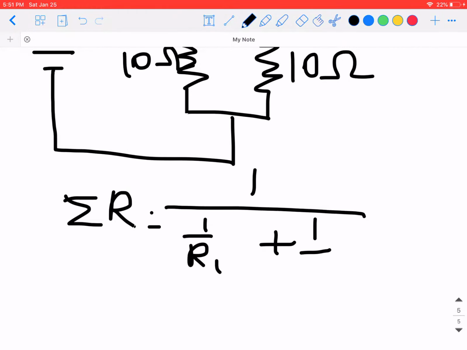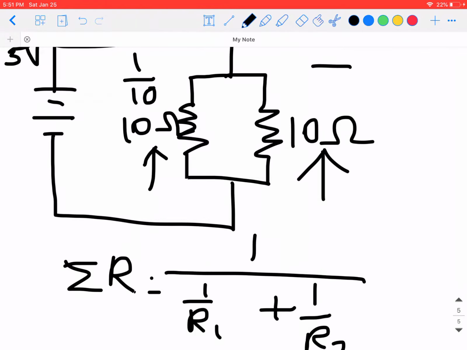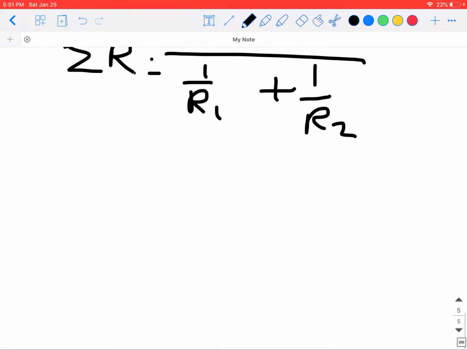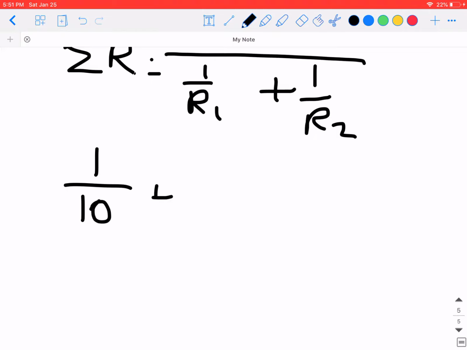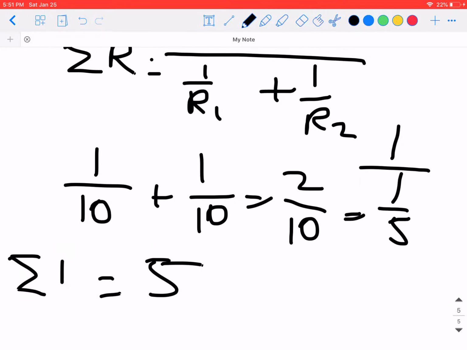What this means is that you would add these two up, but flip them first. If you flip this, that's just 1/10. If you flip that, you would get 1/10 as well. Adding those two, 1/10 plus 1/10 is equal to 2/10, which is equal to 1/5. And we have to take the reciprocal of that, and that's just equal to 5. So our net resistance would be equal to 5 here.